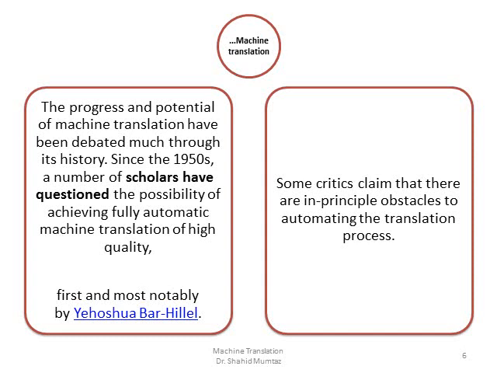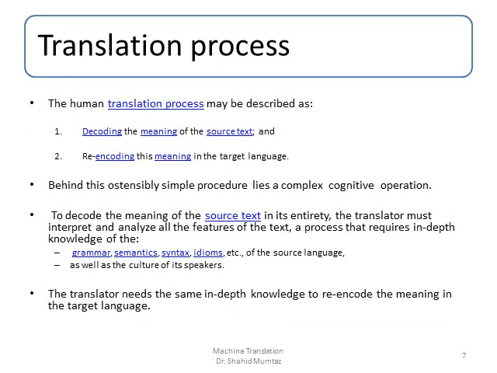Some critics claim that there are in principle obstacles to automating the translation process. So the question is whether it is possible to achieve a fully automatic machine translation that can be used as it is or not. Some critics claim that there are practical problems in automating the translation process, and I do agree with these critics.